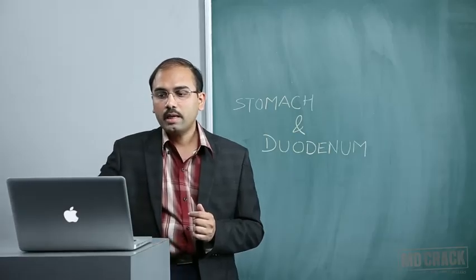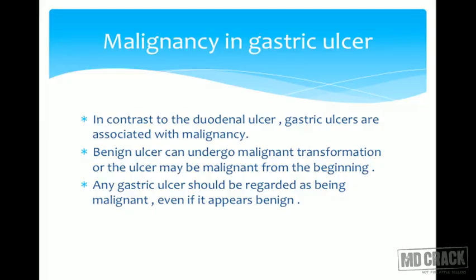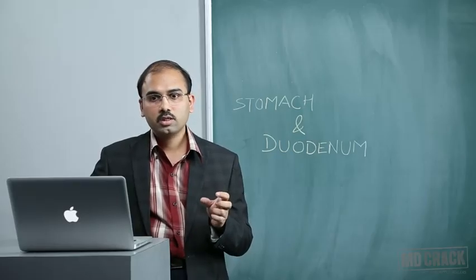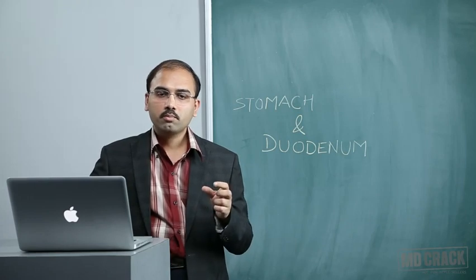Now we go to malignancy in gastric ulcers. In contrast to the duodenal ulcer, gastric ulcers are associated with malignancy. Benign ulcers can undergo malignant transformation, or the ulcer may be malignant from the beginning. So whenever you come across a gastric ulcer, don't forget to take multiple biopsies.